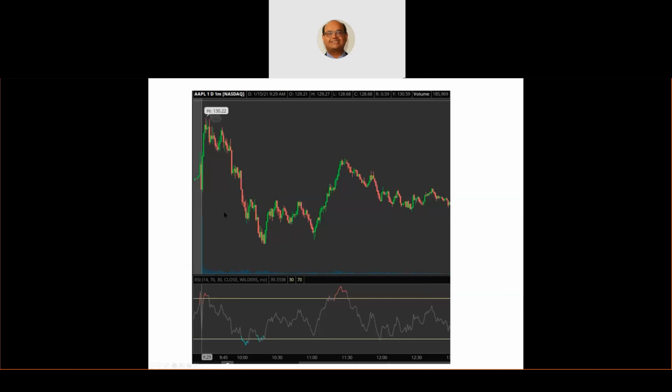Just looking at the indicator, the top line is a 70 line and the bottom line is a 30 line, which are the out-of-the-box standard lines that the software Thinkorswim has.